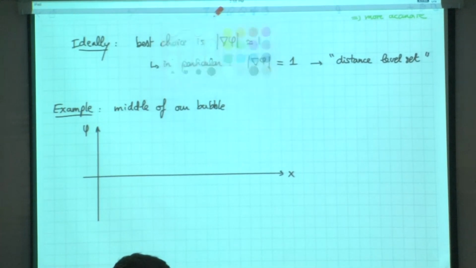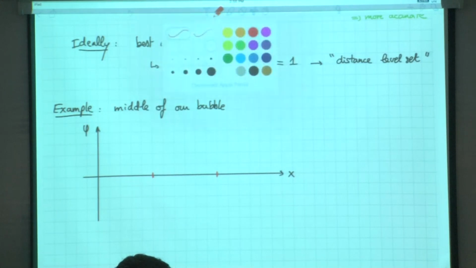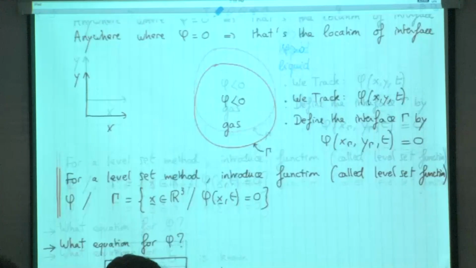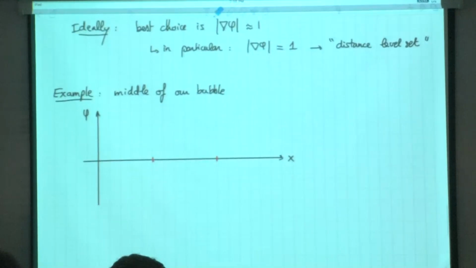Our interface is located here and there. Those are the two sides of our bubble. I used black, and so this is our gas, in which phi is less than 0.